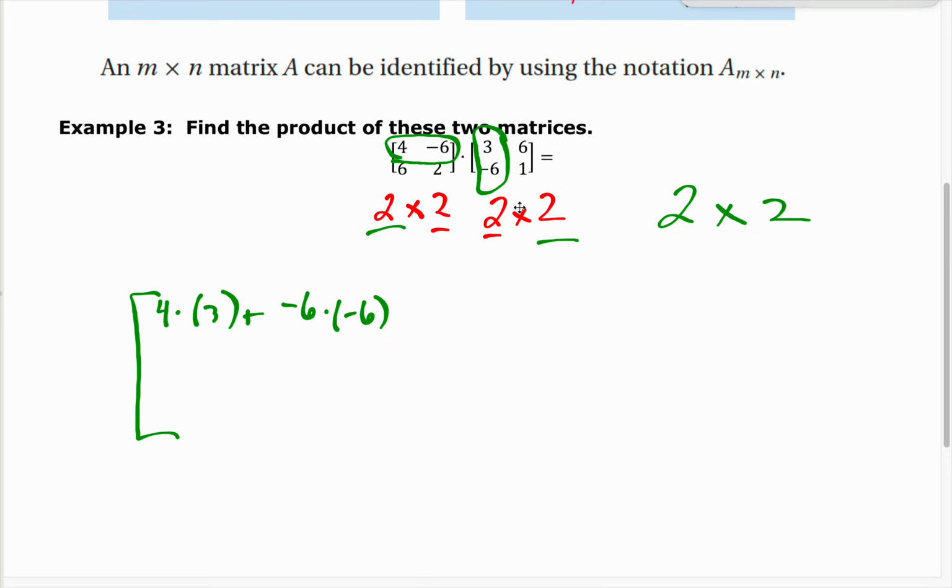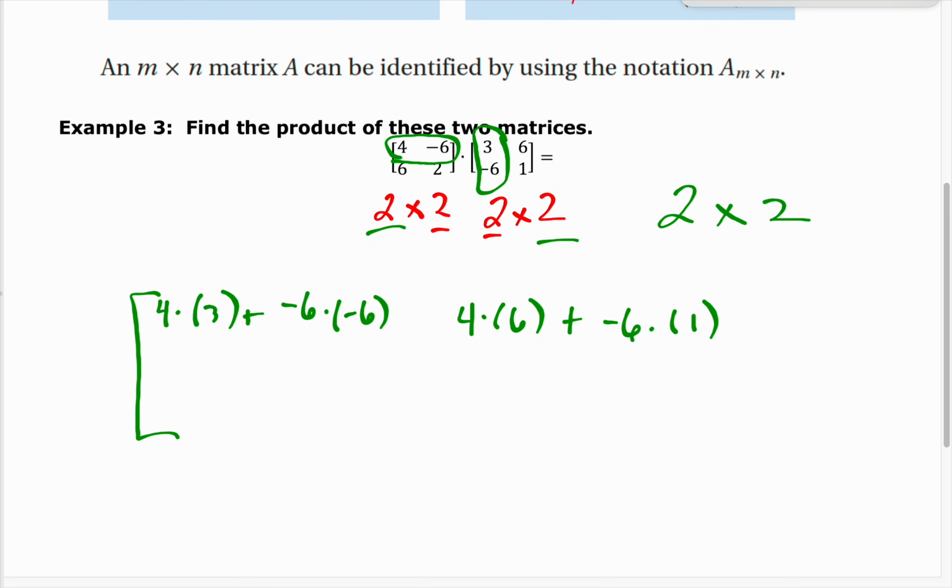Over here, we're going to take row 1 times column 2. Think about why that makes sense, because right now we're still dealing with row 1, but we're also at column 2. So we have 4 times 6 plus -6 times 1.